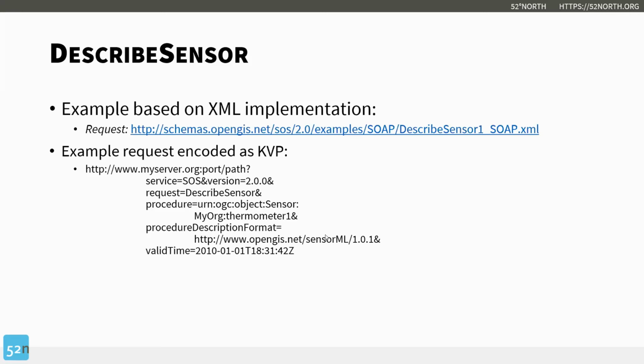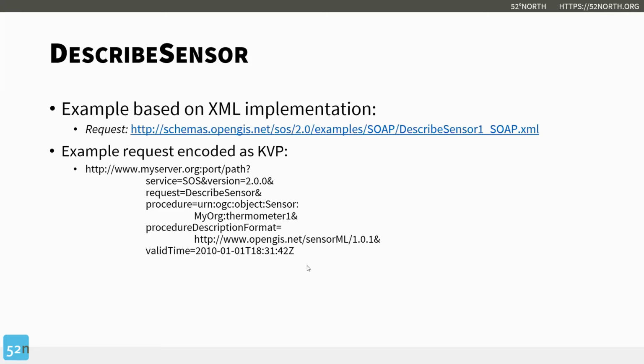In this case, we specify that we would like to get the description in SensorML, and the valid time. If your sensor changes over time, so for example, it is reconfigured, some settings are changed, then you can also ask for the specific sensor description that was valid at a specific point in time, so that you get really the description of the sensor in its configuration when it took a specific measurement.